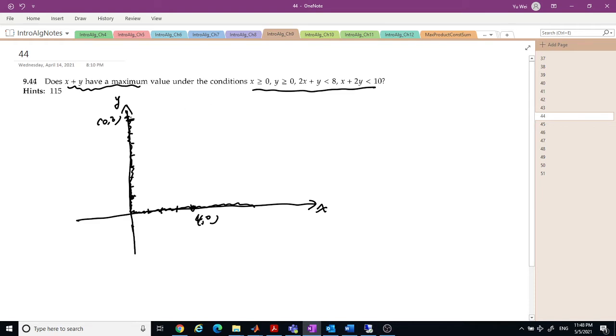Because it's less than, we cannot take anything on the line, so let's draw a dashed line. Okay, x plus 2y less than 10, so x should be less than 10: 4, 5, 6, 7, 8, 9, 10. And y should be less than 5: 1, 2, 3, 4, 5.